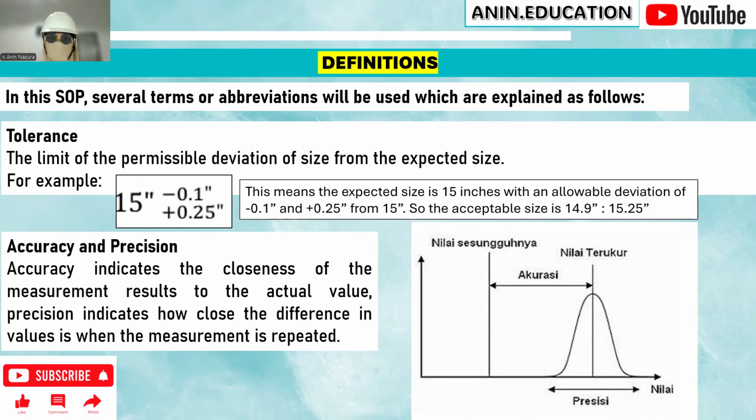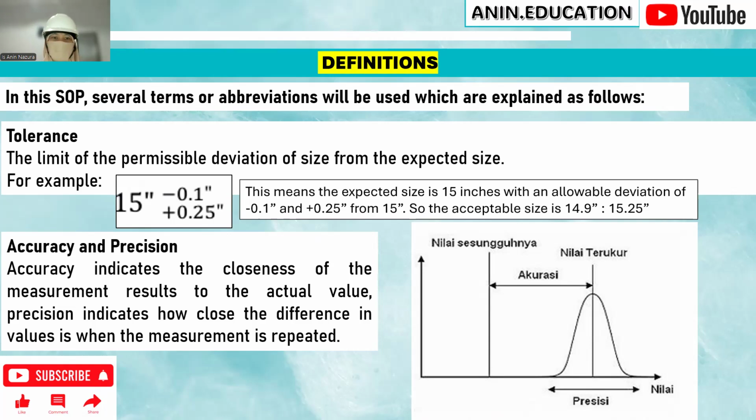This means the expected size is 15 inches with an allowable deviation of minus 0.1 inch and plus 0.25 inch from 15 inch. So the acceptable size is 14.9 inch to 15.25 inch.